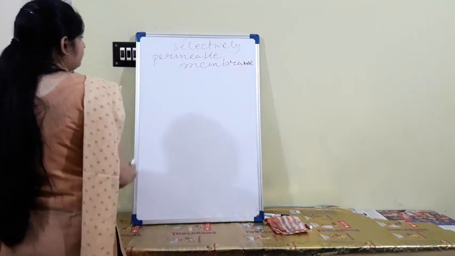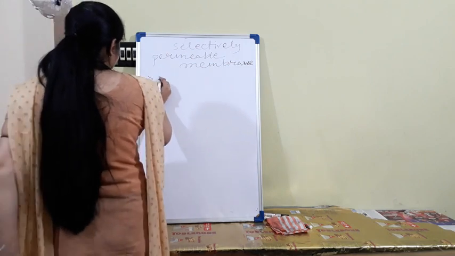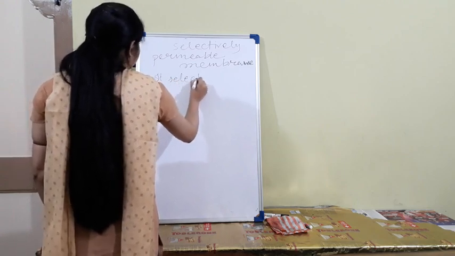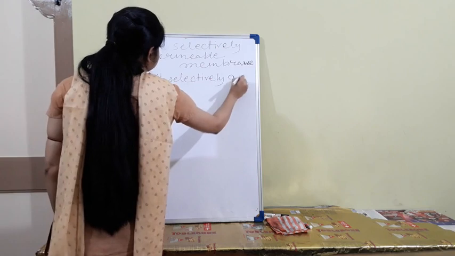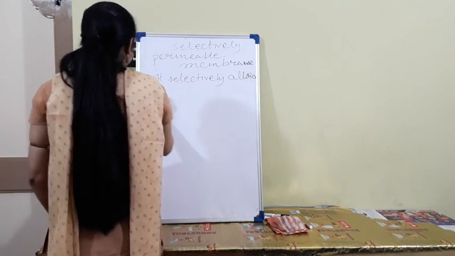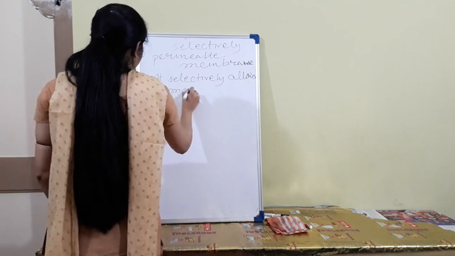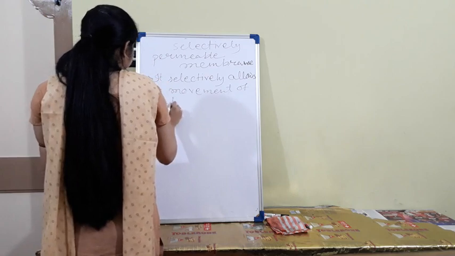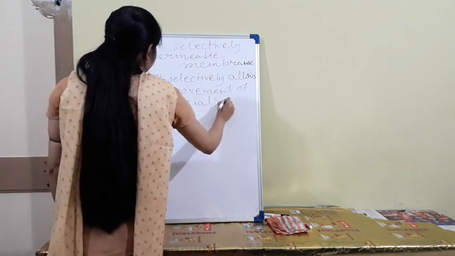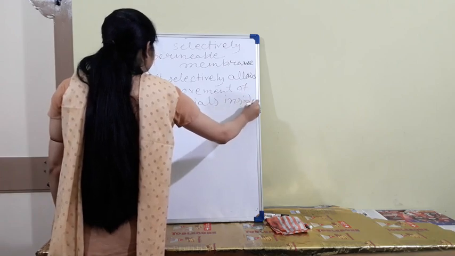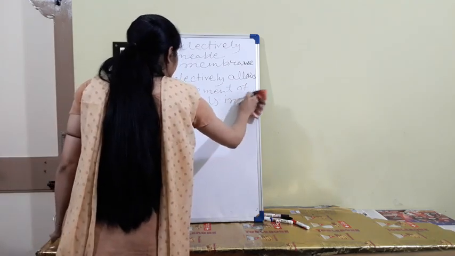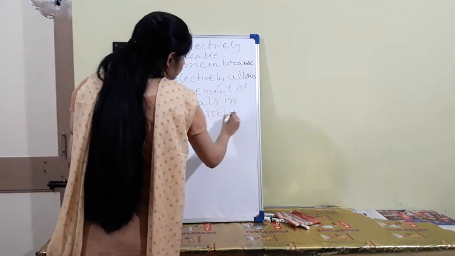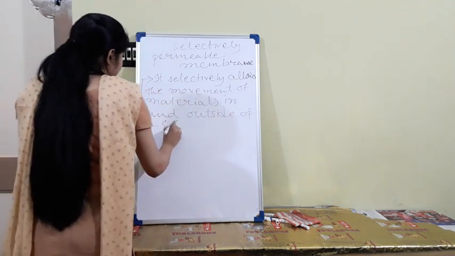What is a selectively permeable membrane? First, it selectively allows the movement of materials in and outside of a cell.